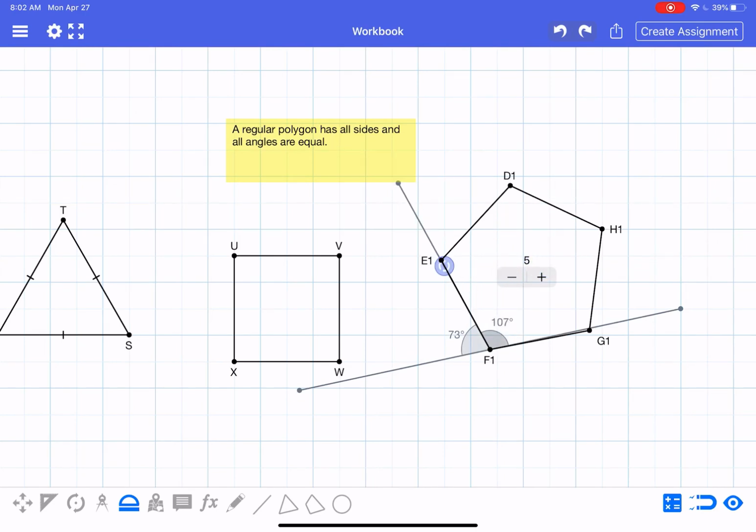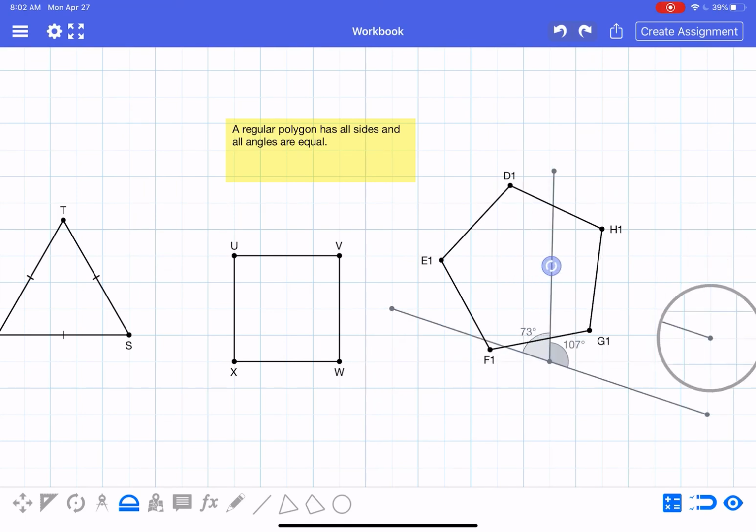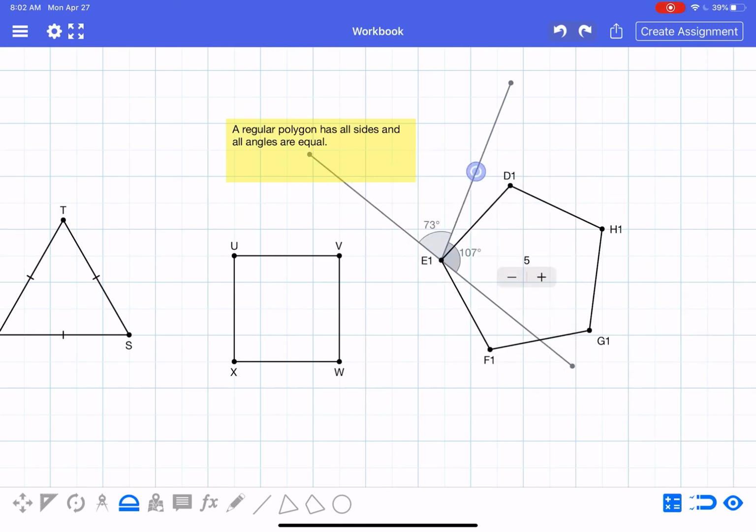So here's the pentagon. It's a bit off, but I think that's the best I could do. It was probably more like 108 degrees, but all the sides are the same, right?